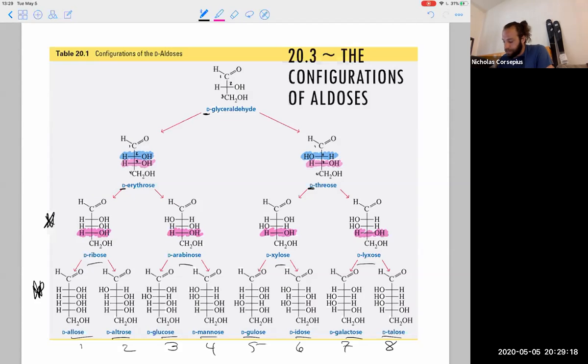We can classify them based on number of carbons. So again, this has 3, 4, 5, and 6. And these were all aldoses. Why were they aldoses? Because that carbonyl group is an aldehyde instead of a ketone.